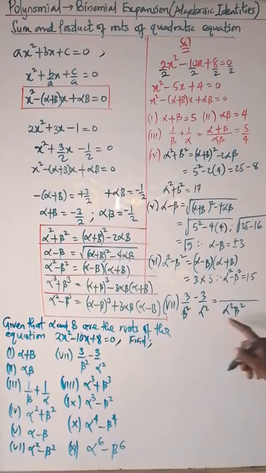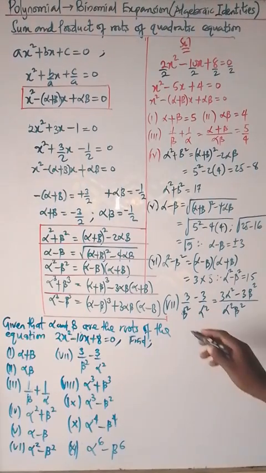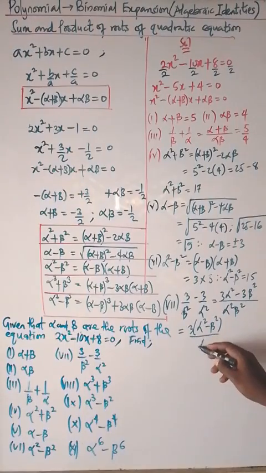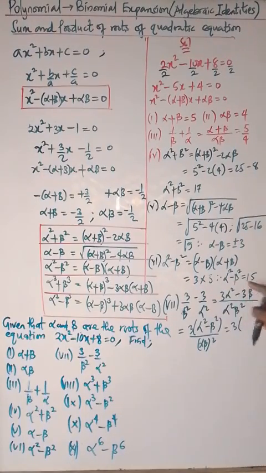If beta squared cancels beta squared, you have alpha squared times 3, that will be 3 alpha squared. Minus, alpha squared cancels alpha squared, we have beta squared times 3, that is minus 3 beta squared. So we check the numerator, 3 is common. That will be 3 into alpha squared minus beta squared over alpha beta all squared, because the square is common. Then that's 3. What is alpha squared minus beta squared? We've gotten it here already, 15.